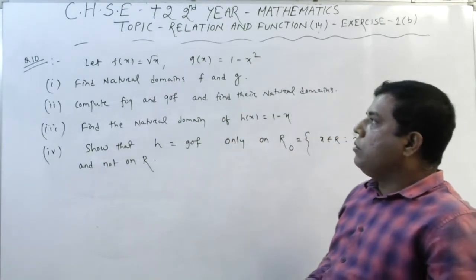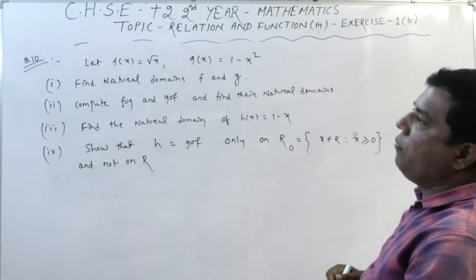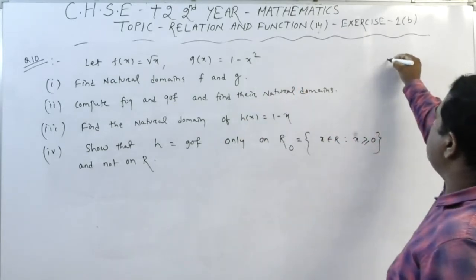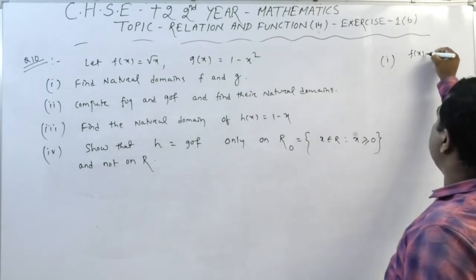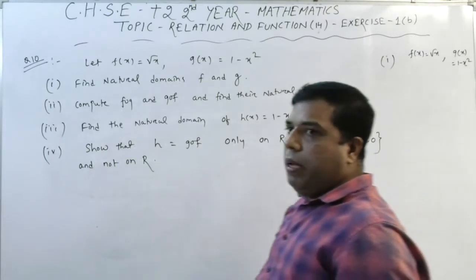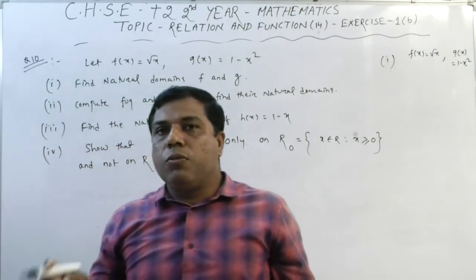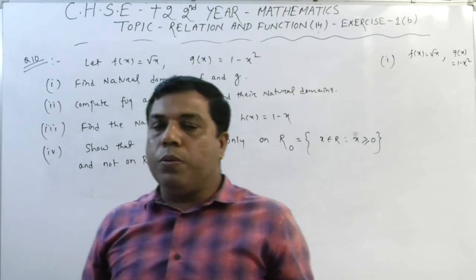Let us start quickly with question number 10 with its parts. The first part says, what is given? You know f of x is given as root x, and g of x is given as 1 minus x square. Now tell me, my dear students, what should be the domain of f? Means what element should I input so that I will get a valid output.